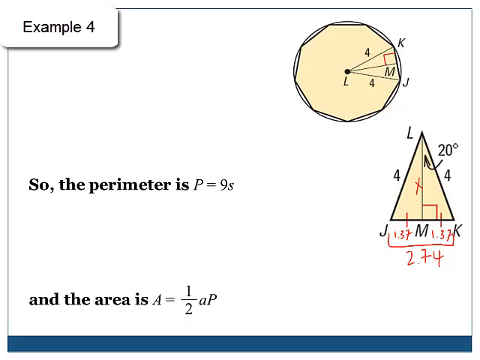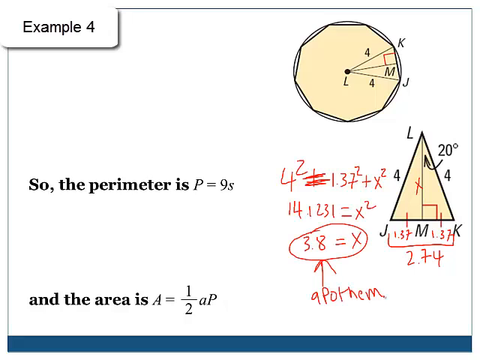So I'm going to cheat a little bit and use Pythagorean theorem. 4 squared equals, because that's the hypotenuse, 1.37 squared plus my x squared, because I have to find out what my apothem is. And that gives me my apothem.